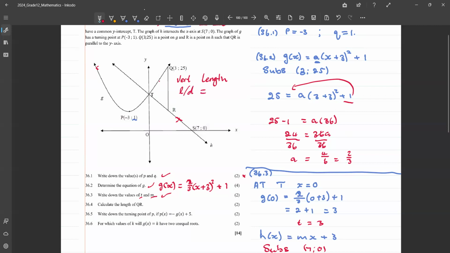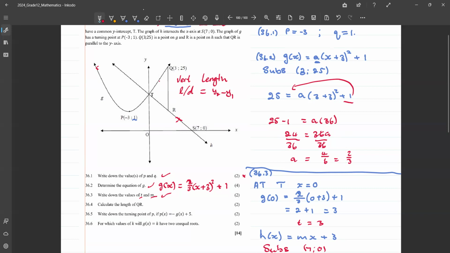It has the equation of y2 minus y1. That's basically what we need. Once we know what y2 is and what y1 is, we just subtract the two, and we will be able to find the length.